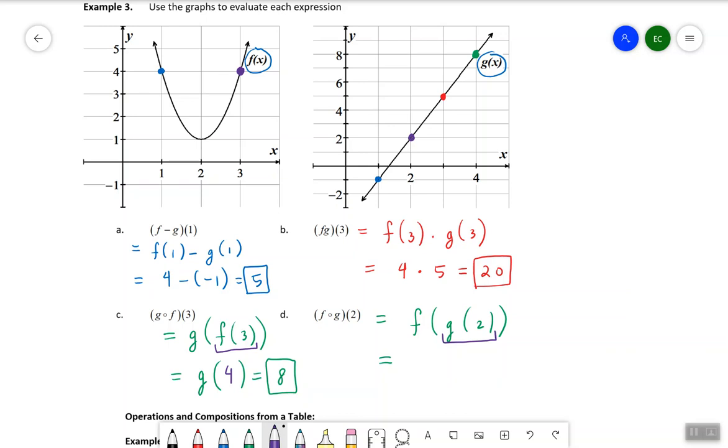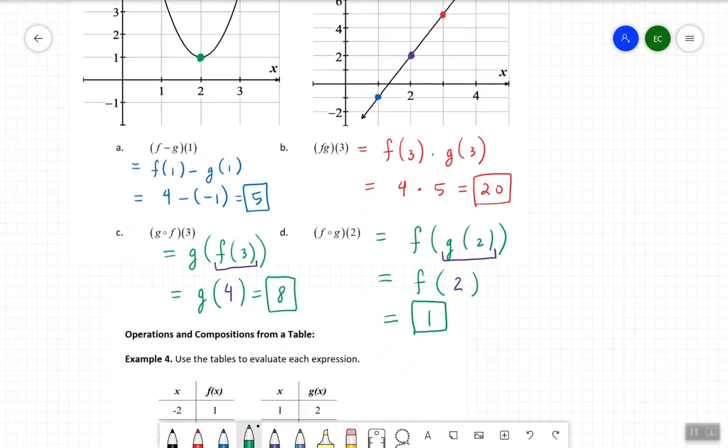G of 2 is 2. So what is f of 2? F of 2 is the vertex of the parabola. The output is 1. So that's our answer. Okay, those are nice problems.